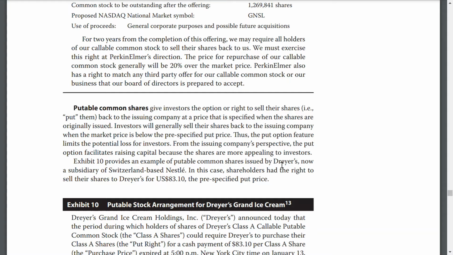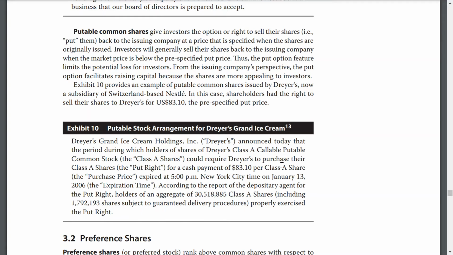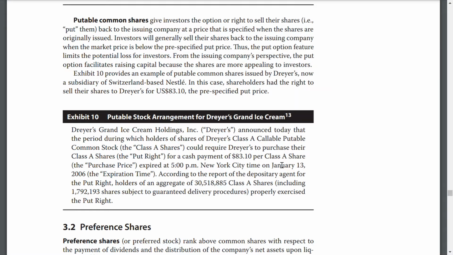Investors will generally sell their shares back to the issuing company when the market price is below the pre-specified put price. Thus, the put option feature limits the potential loss for investors. From the issuing company's perspective, the put option facilitates raising capital because the shares are more appealing to investors. Exhibit 10 provides an example of puttable common shares issued by Swiss-based Nestle.